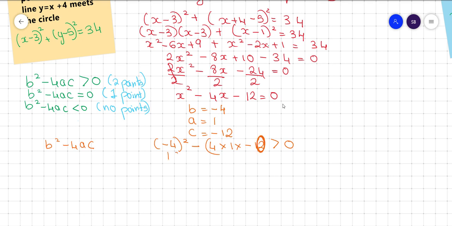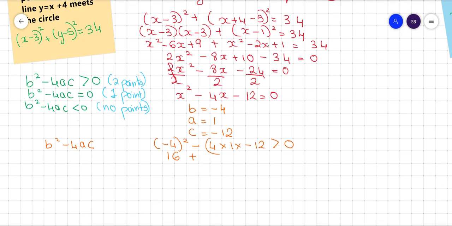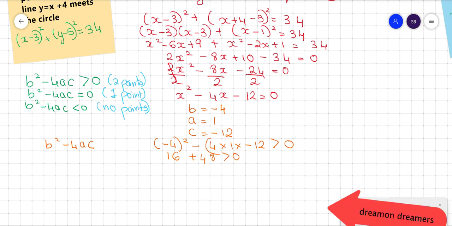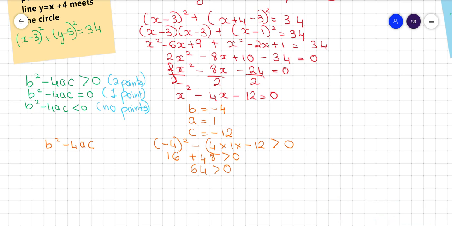Minus 4 squared is 16, minus into minus is plus, 4 into 12 is 48. Now this is greater than 0: 48 plus 16 is 64, which is greater than 0. So you will have 2 points of intersection.